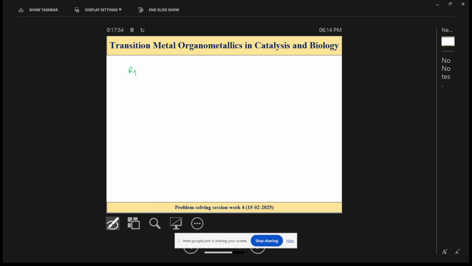If we have R1, R2 plus R3, R4, these undergo the cross metathesis reaction giving R1, R3 and R2, R4.